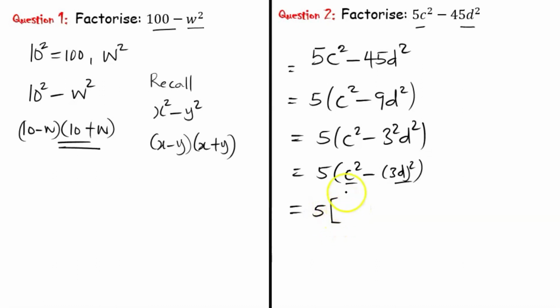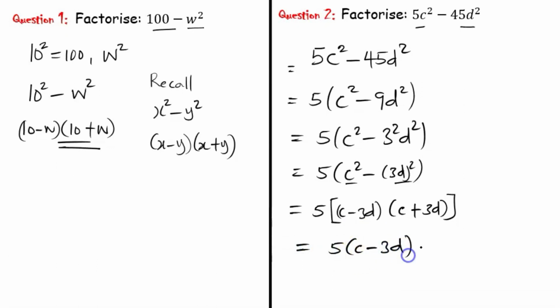Outside we have 5. Inside the bracket I can see c minus 3d multiplying c plus 3d. And finally, it can be expressed as 5 into the bracket of c minus 3d, c plus 3d. And this will be the factorization.